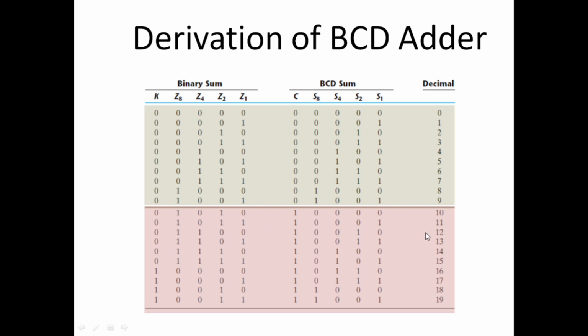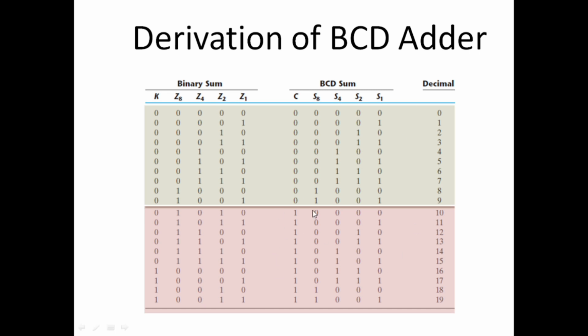For all possible combinations below this line, the sums of the binary parallel adder, which are shown here, are different than the BCD sum, and in these cases the binary parallel adder would not function as desired. It would not function according to the BCD sum.